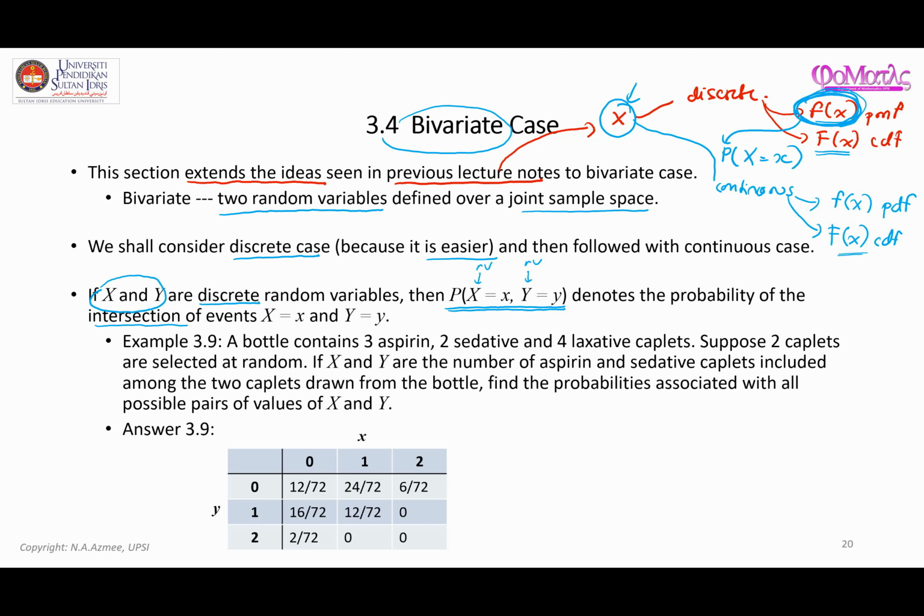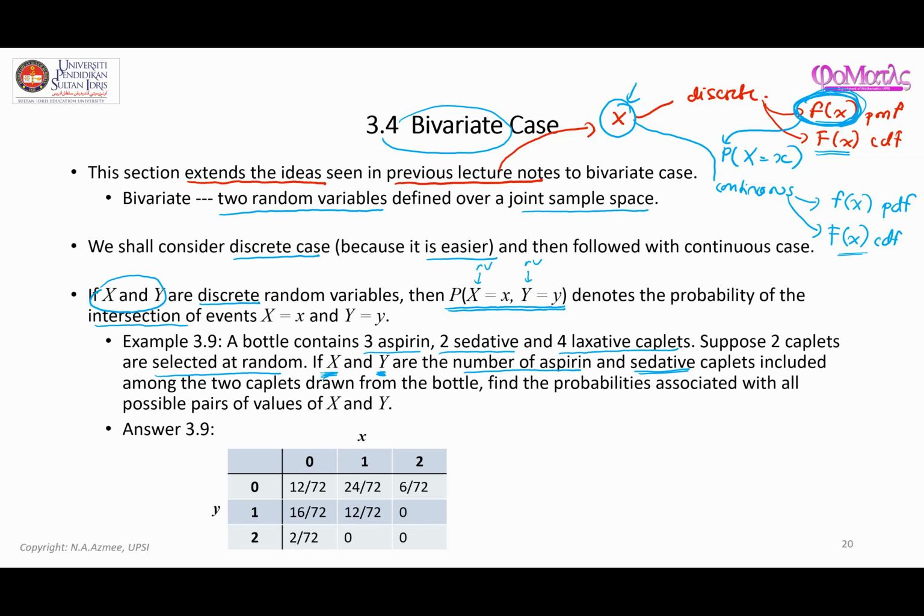To illustrate the idea, consider this simple example here. We have a bottle that contains 3 aspirin, 2 sedative, and 4 laxative caplets. Suppose 2 caplets are selected at random. X here is our first random variable and represents the number of aspirin, and y represents the number of sedative that you get when you draw these 2 caplets at random.